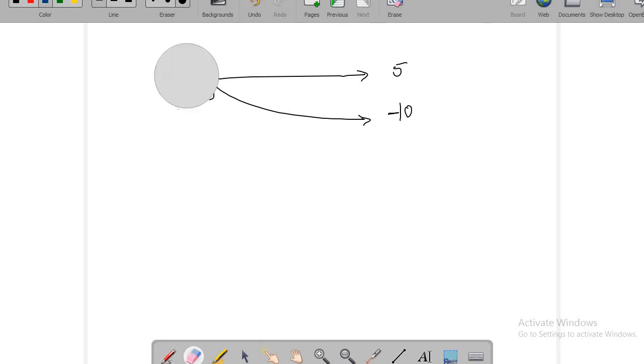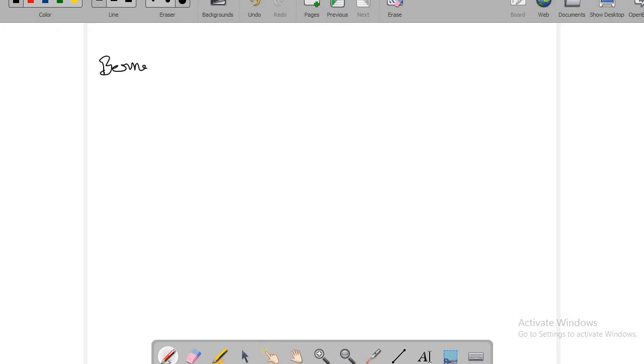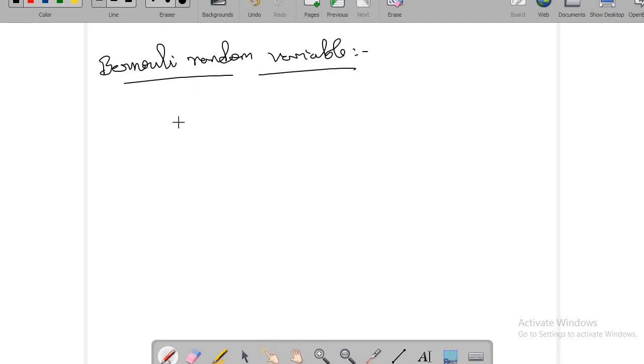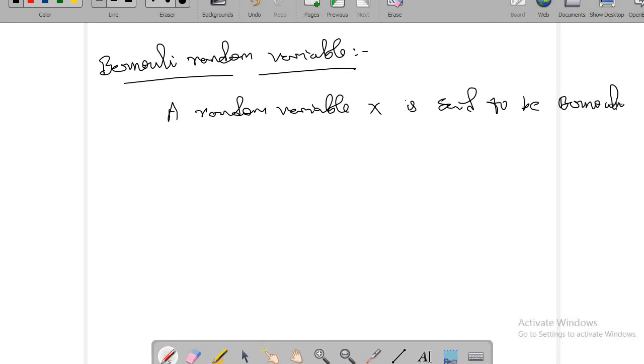So let me write here what is a Bernoulli random variable. A random variable x is said to be Bernoulli, it's a scientist name, okay?